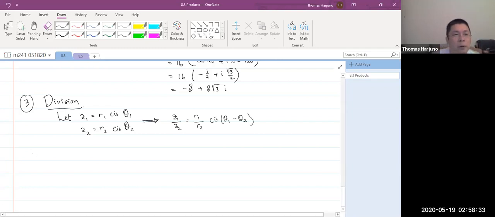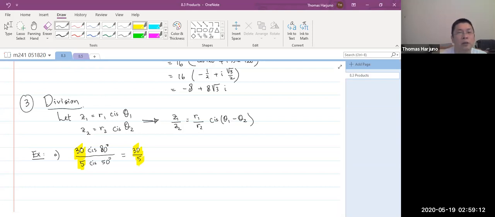Now, for the first example, suppose I have 30 cis 80 degrees over 5 cis 50 degrees. Now this will be 30 over 5, that's for the modulus.